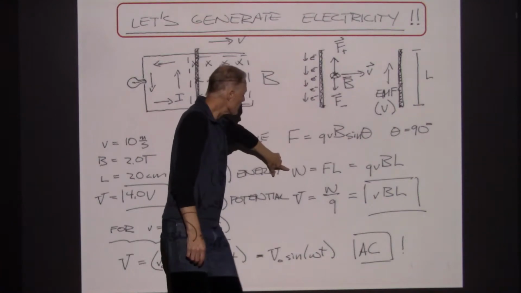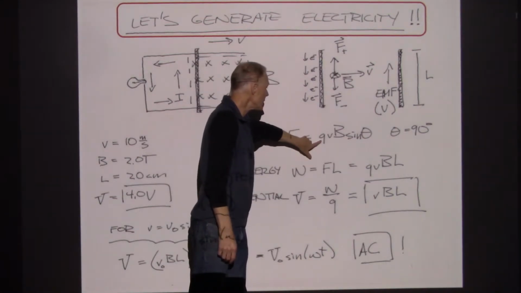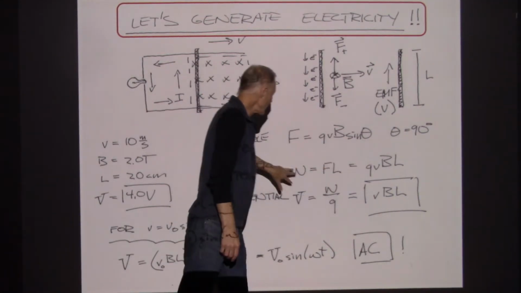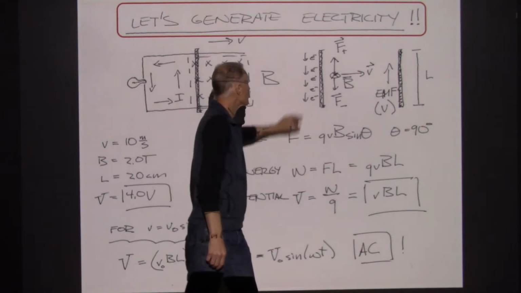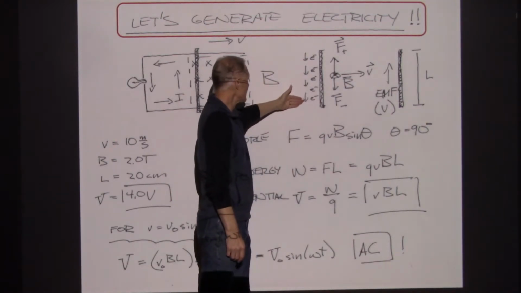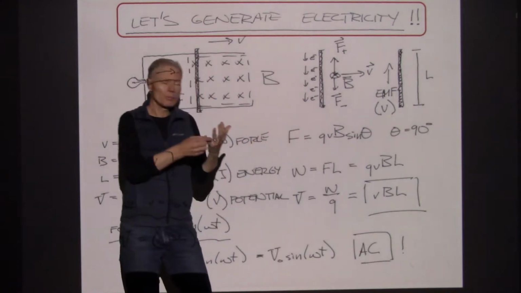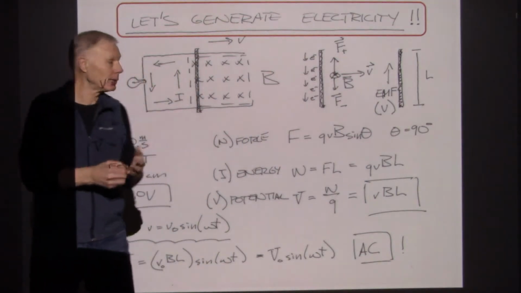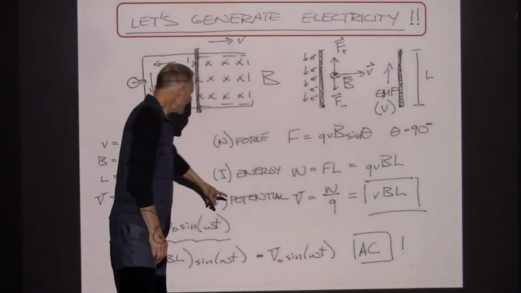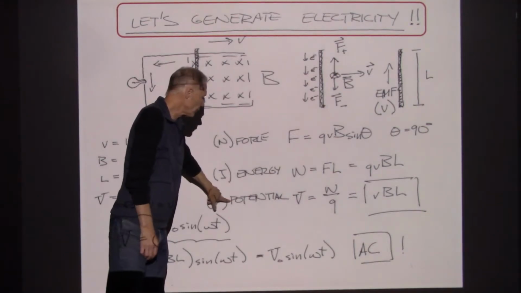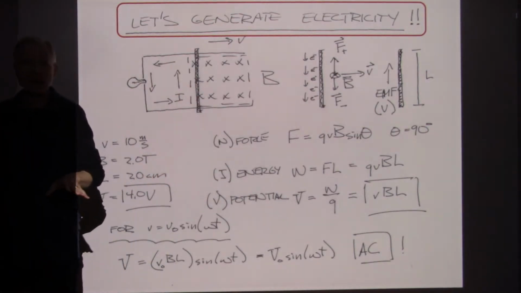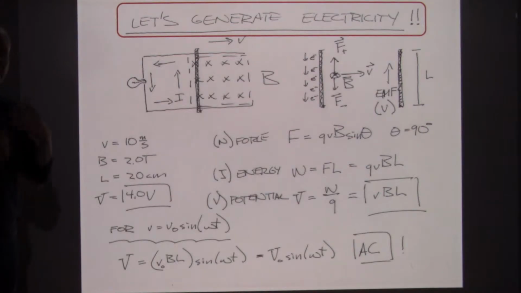So the work would be the force, QVB, times the length. So now I've looked at the energy transfer. The energy transfer that takes place all the way along here would be QVB times L. Now the electric potential, the voltage that gets set up, we can calculate as the energy divided by the charge.